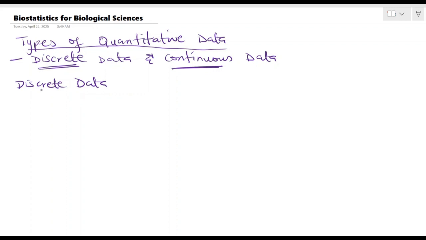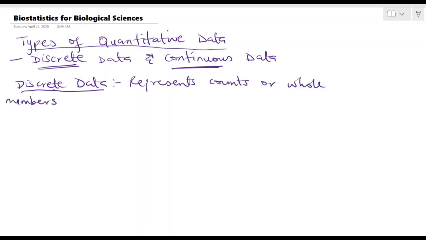It is discrete. So discrete data represents counts or whole numbers, and these values are separate and cannot be subdivided.